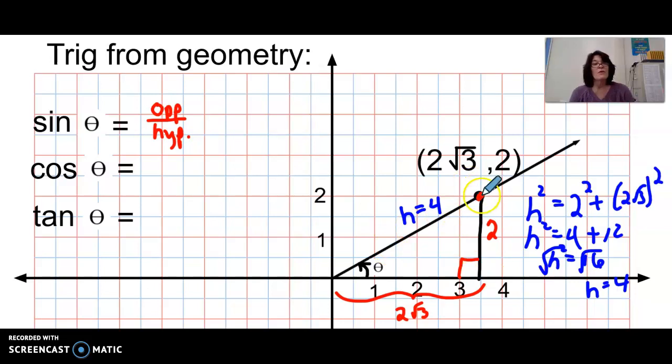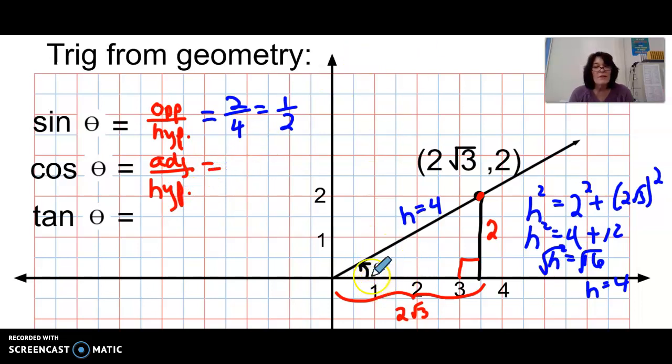So once I know an ordered pair, I know the opposite side, I know the hypotenuse, I know that the sine of theta, the ratio of the opposite side and hypotenuse, is 2 over 4, which is a half. The cosine of theta, do you remember what that was? In geometry, it was the adjacent side over the hypotenuse.